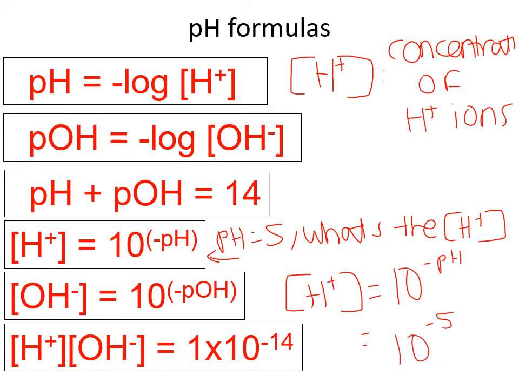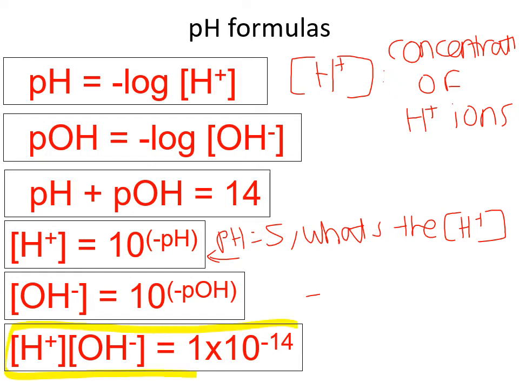And you would plug that into your calculator. And then just the opposite, concentration of hydroxide ions equals 10 to the negative pOH. And if you multiply H and OH together, it equals 1 times 10 to the negative 14, always. And so these are our 6 formulas. Write them down, get them on a sheet of paper. You're going to need to know them.